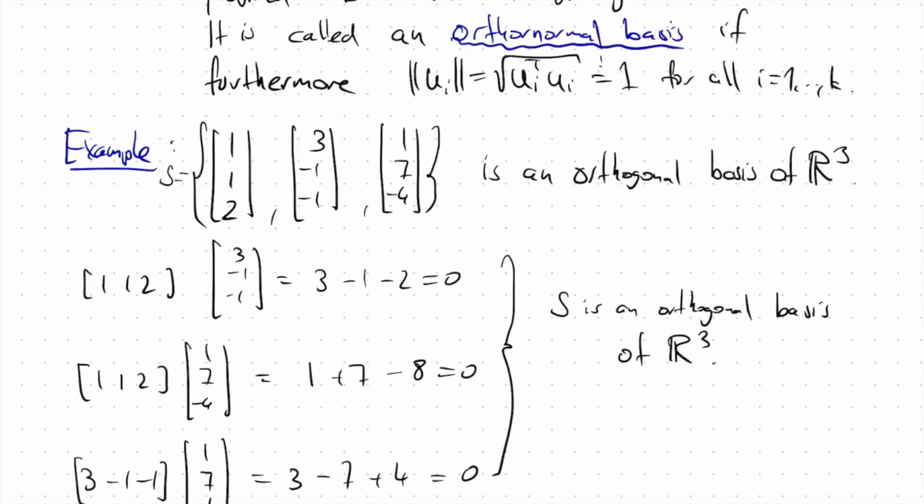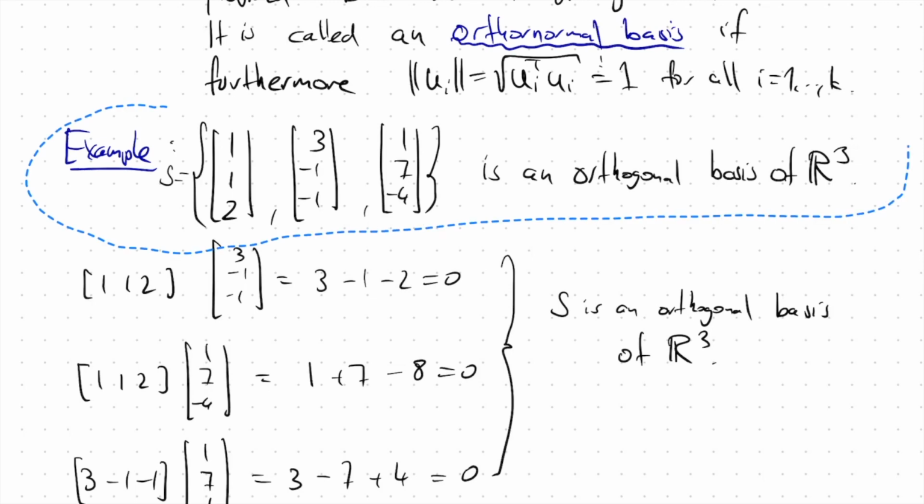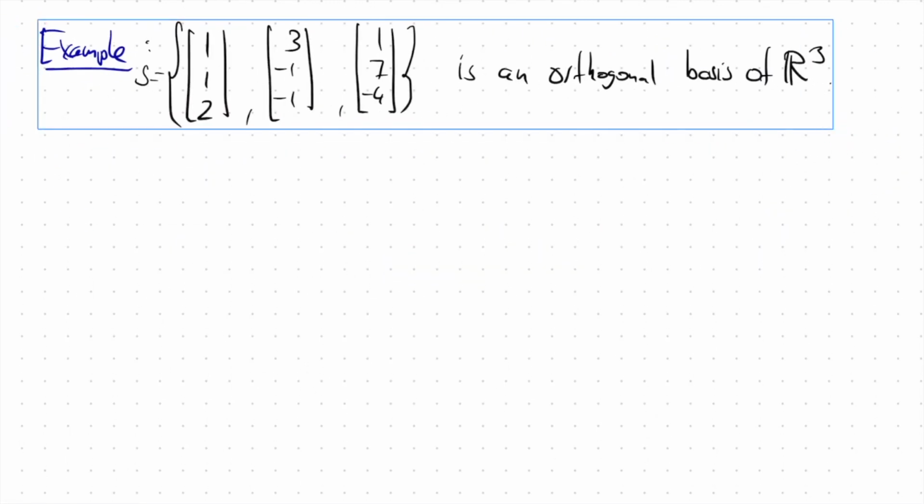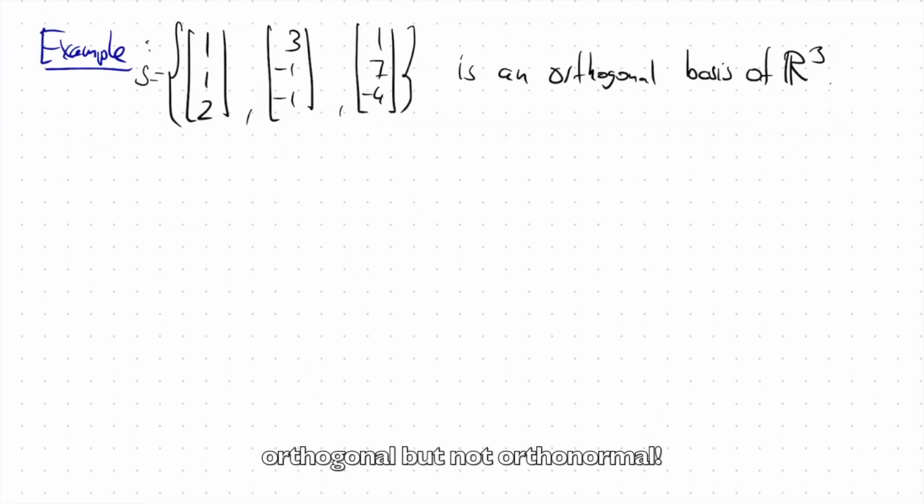Okay, let's copy this. So this is an orthogonal basis, but it's not an orthonormal basis because, for example, the length of the first vector is 2, I guess. But it's easy to make it an orthonormal set. So let's construct some new vectors.